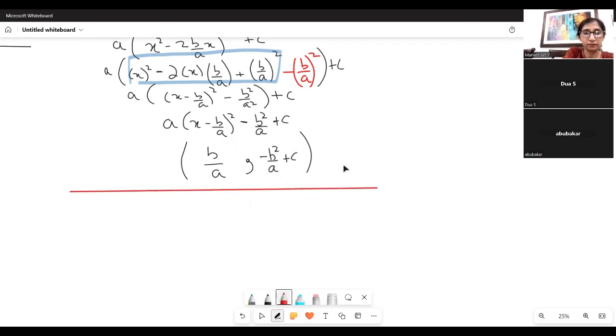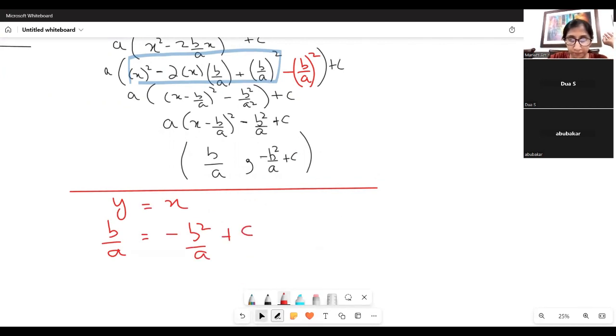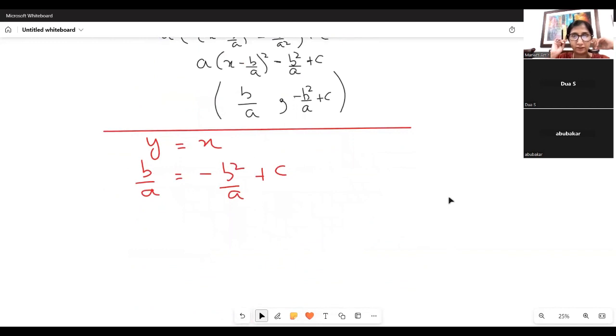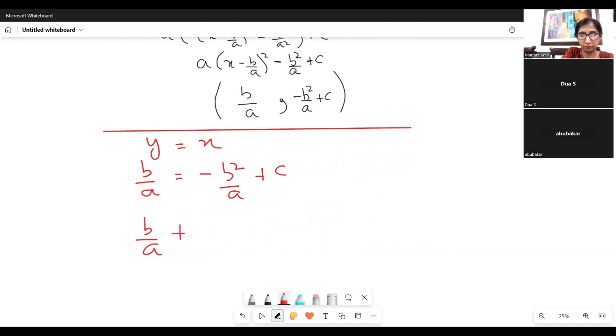So y equals x. That is b by a equals minus b square by a plus c. We have to make c the subject. Find an expression for c in terms of a and b. Yes, so make c the subject. So I'm going to send the fraction entirely to the right hand side, b by a plus b square by a, and that's it.